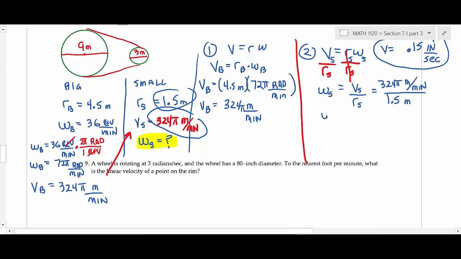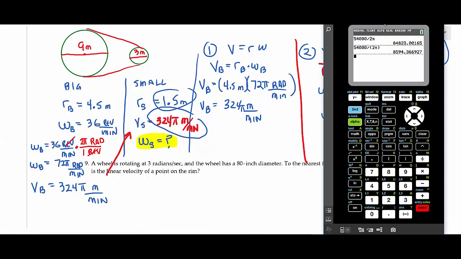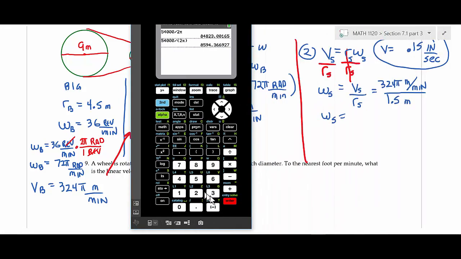Okay, so I'm going to take my calculator and do 324 divided by 1.5, and we'll work that out. So 324 divided by 1.5 is going to give 216. Okay, so we got 216 pi, and then the meters cross out. Oh, hold on, I think I made a mistake on this too.